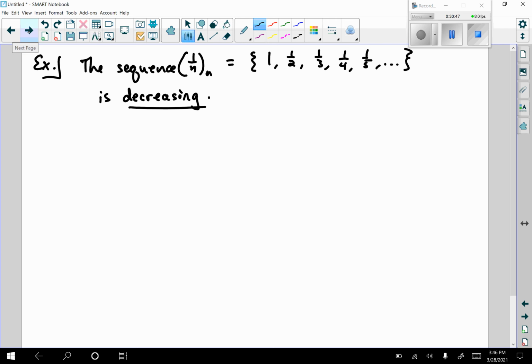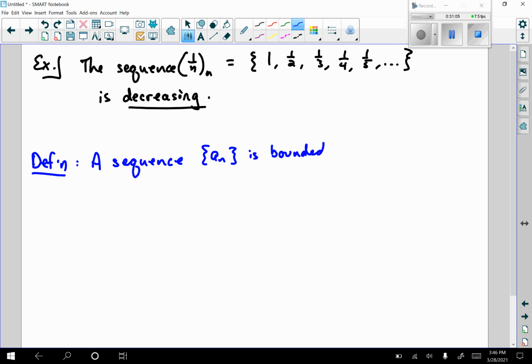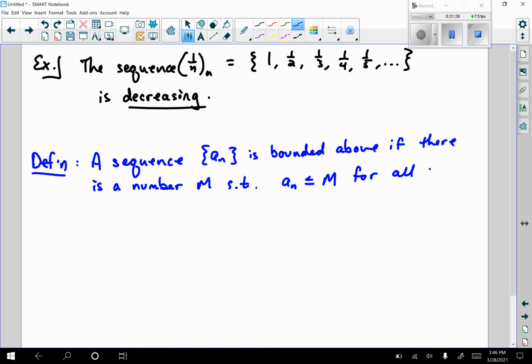And a few more definitions. We can also refer to a sequence as being bounded or unbounded. So a sequence a sub n is bounded above if there is a number m such that a sub n is less than or equal to m for all n values greater than or equal to 1.